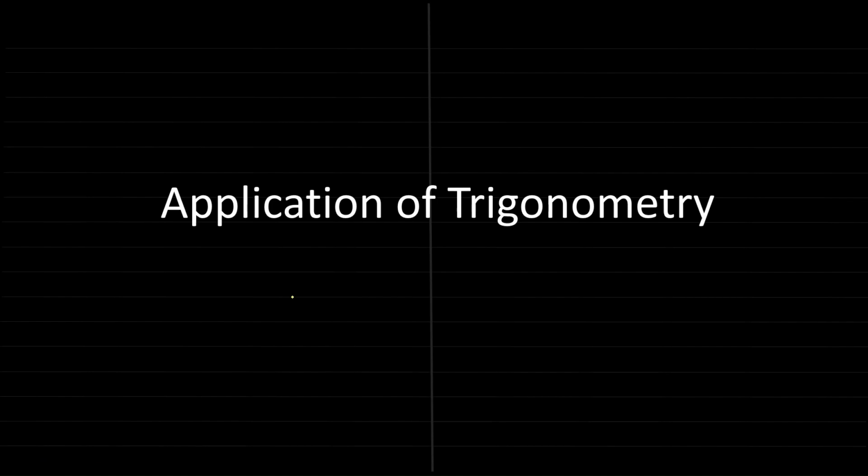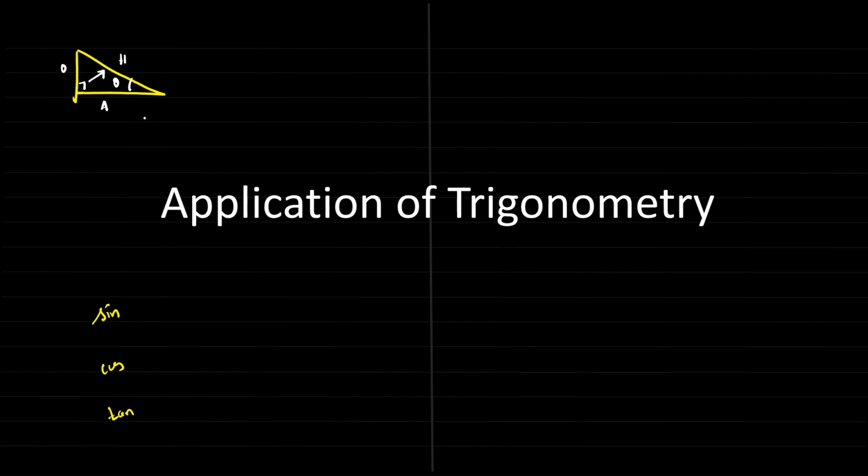Basically, we have three ratios that we define. The first ratio is sine, the second one is cos, and the third one is tan. If I have a right angle triangle this way, any angle can be taken as theta, and this can be taken as the opposite side. This is going to be the adjacent one, and this is going to be the hypotenuse, the side opposite to the 90-degree angle.